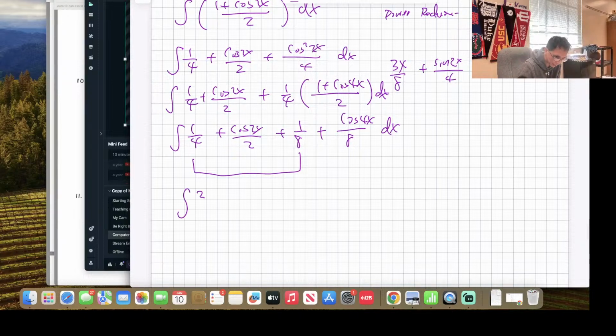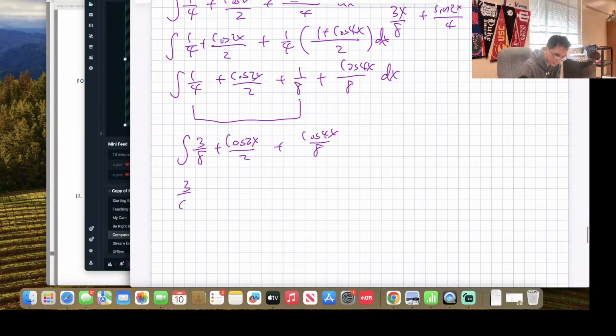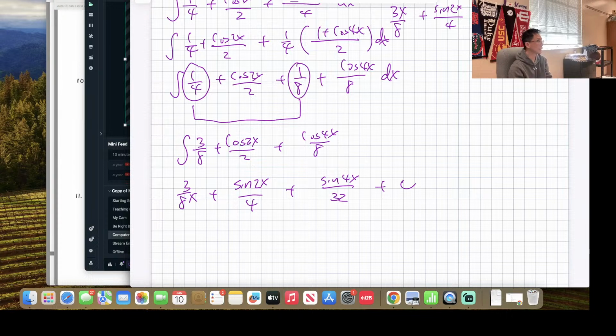So plus the integration of 3/8 plus cosine of 2x over 2 plus cosine of 4x over 8. And this is going to be 3/8 x plus sine of 2x over 4 plus sine of 4x over 32 plus C. The hard part is actually combining those two constants together, and expanding the rest of them is just algebra. It's not a big deal.